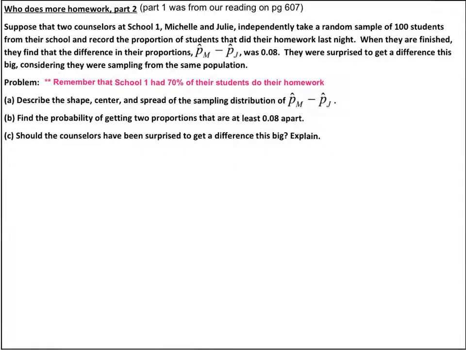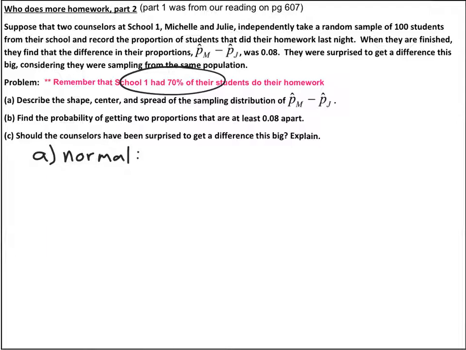All right, here's another. Make sure you're good on the context before we dive in. Now remember, really for normal, the numbers here are a little easier because each of the counselors took a sample of 100, right?